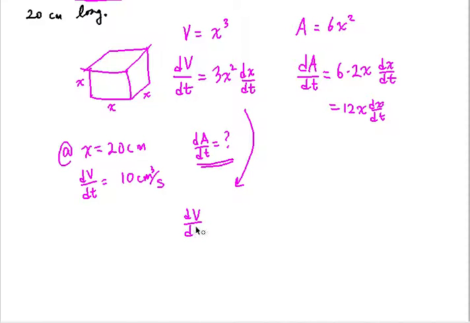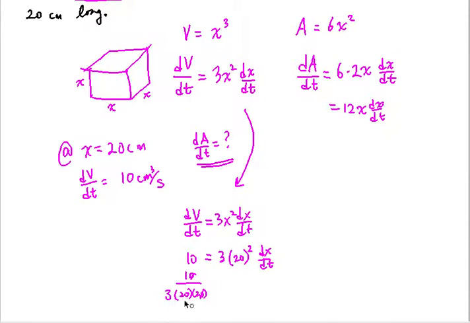dV/dt is equal to 3x squared dx/dt. If I use substitution, I have 10 equals 3 times 20 squared dx/dt. And so what would dx/dt be then? If I move everything over to this side, this would be 10 over 3 times 20 times 20, so that would cancel.